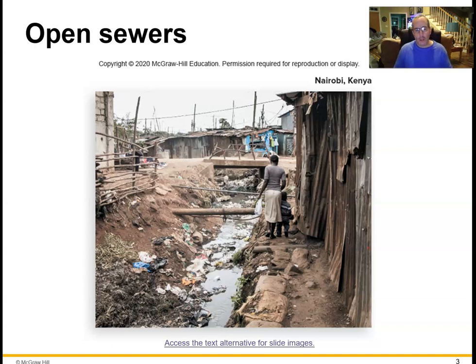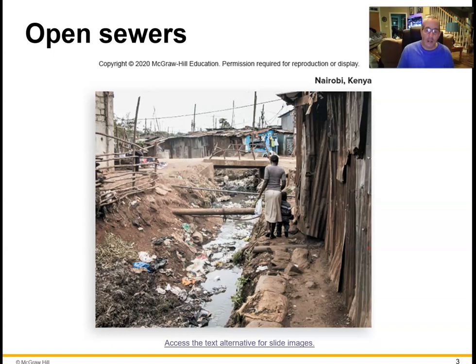But when you get concentrations of people living together and all that waste is together in one spot, suddenly you realize, hey, we have to do something about this. And usually that was the hard way. Usually by nature, and human nature back then was the same as it is now. They probably ignored it for a very long time until it got to a point where they realized we can't keep doing this. We have to do something about this.